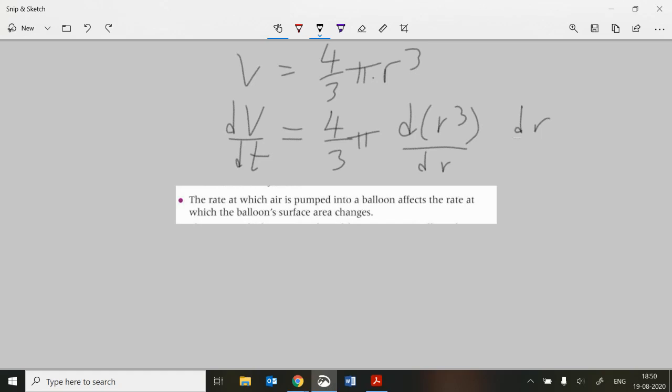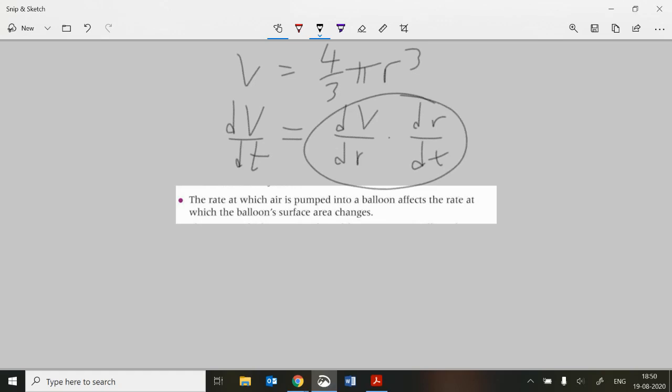Now actually I'm going to put that in a slightly different form here, because what we could do is say that that's the same as dV/dr times dr/dt. The reason why I've done that is because you can see again we've got the chain rule by just writing out our different derivatives there. And sometimes you can just do this whole thing by writing out derivatives as kind of fractions.